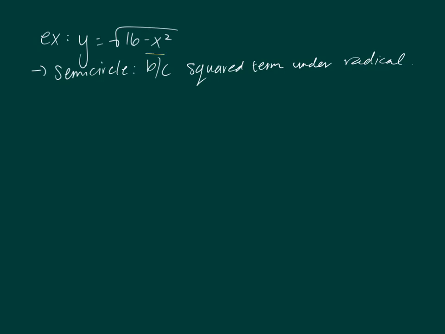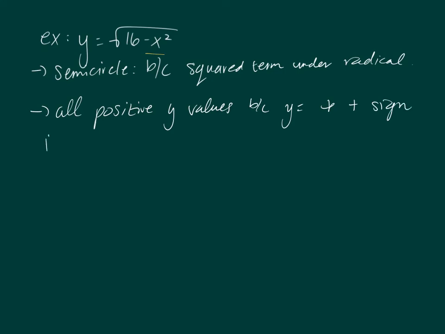Just like with the parabolas, the first thing I do is figure out what part of the semicircle I want. I want all positive y values because it's a y equals equation and there's a plus sign in front of the radical.